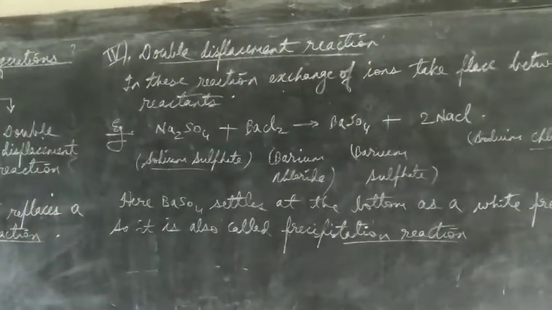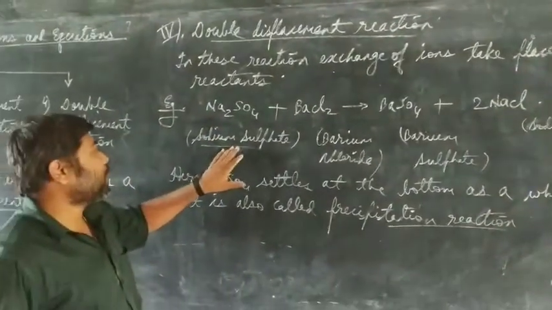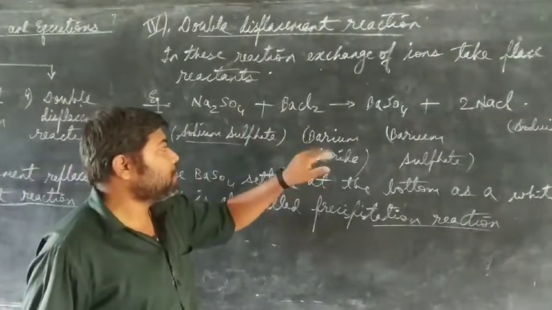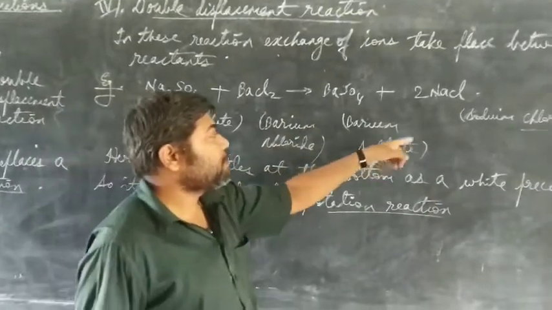Students, have a look at here. This is sodium sulfate, Na2SO4. This reacted with barium chloride to give barium sulfate and sodium chloride.